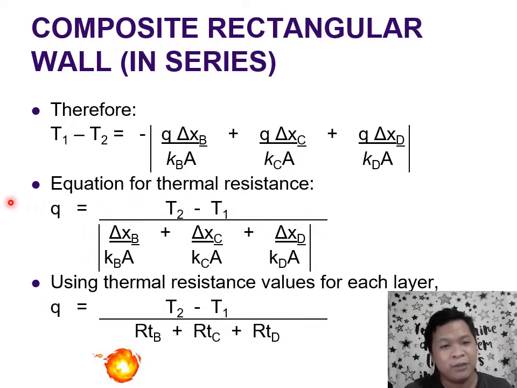Yung delta T mo, yung Q, tsaka yung thermal resistances. And therefore, these resistors in series, so to speak, additive yung thermal resistances nila, such that you can compute the individual thermal resistances, no, in the problem to make your problem solving much easier. Okay.